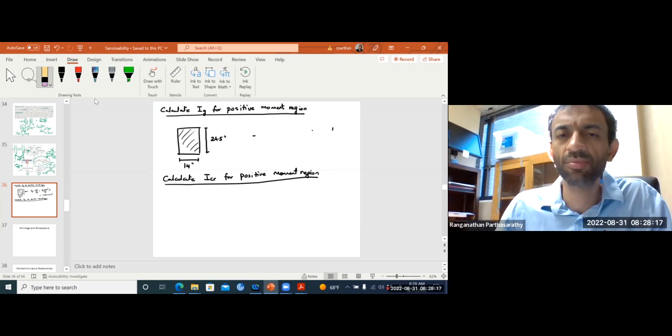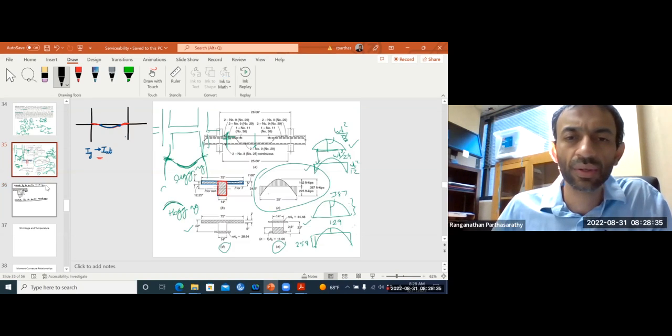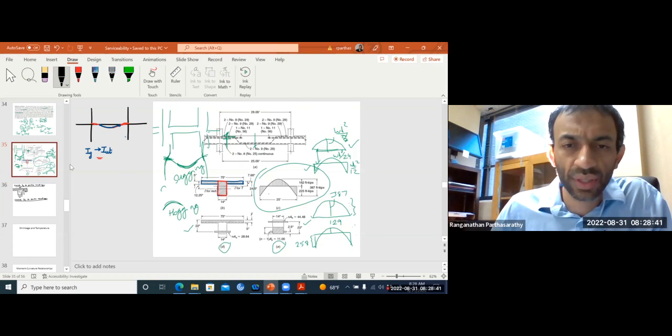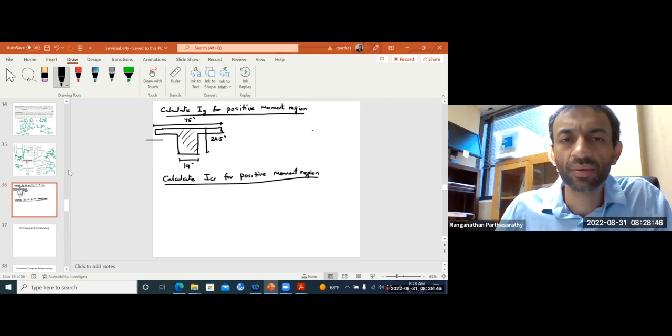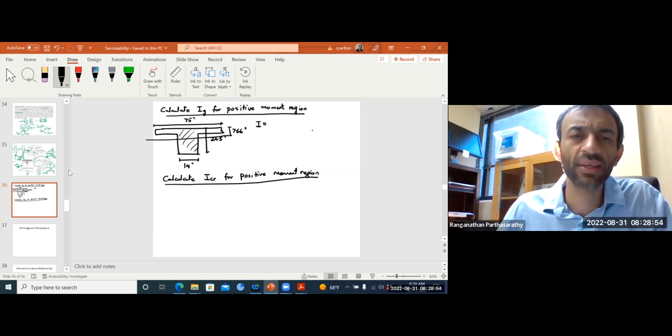That will be for the negative moment region. You will need the flange. This is 75 inches, and your centroid for this is at 7.66 below the top. So can you all calculate I quickly?